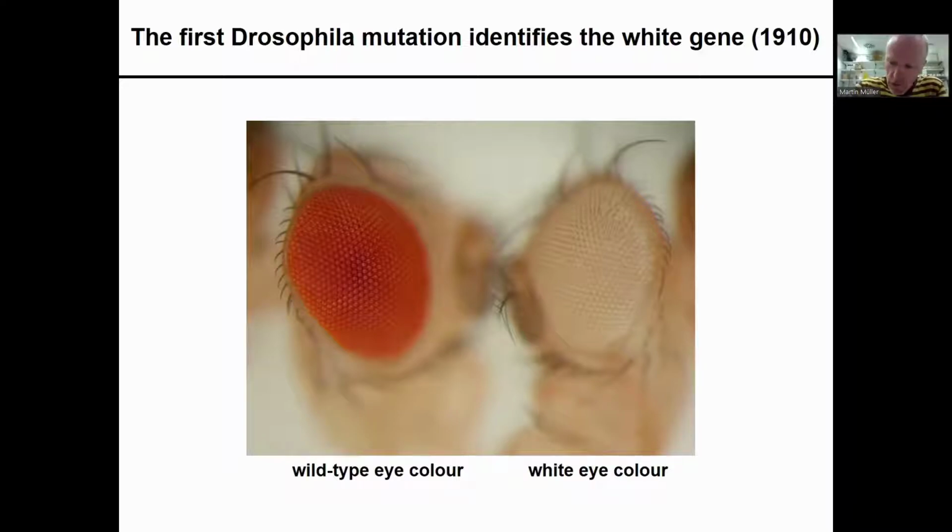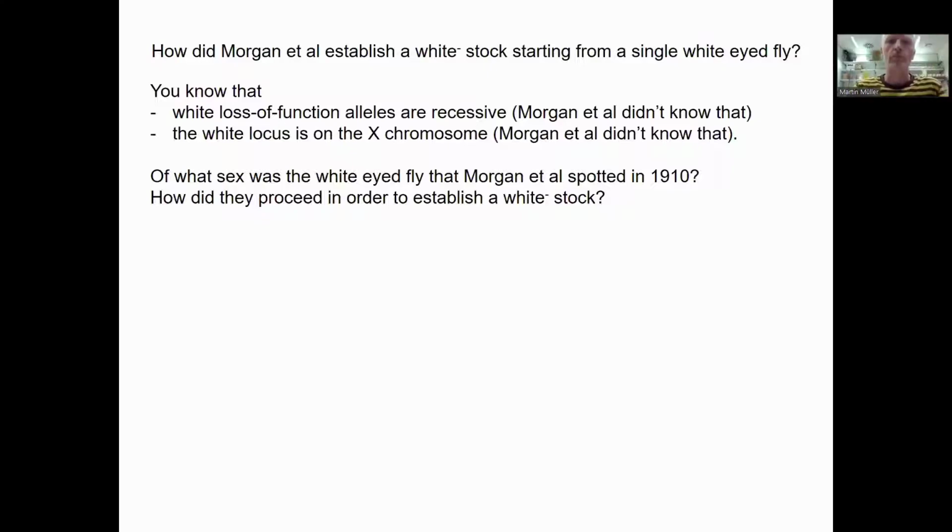And Morgan knew that, of course, and he wanted to make a stock, a family of flies which all would have white eyes. So here is the question: how did Morgan and his collaborators establish a white minor stock starting from a single white-eyed fly?